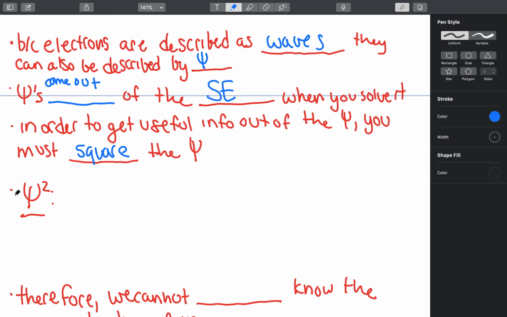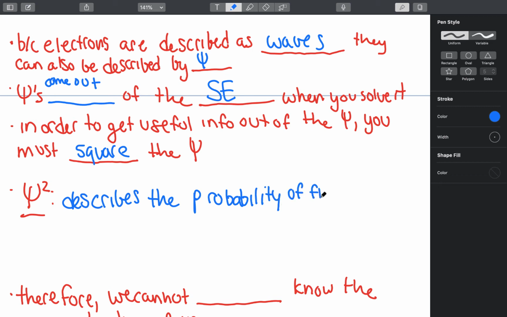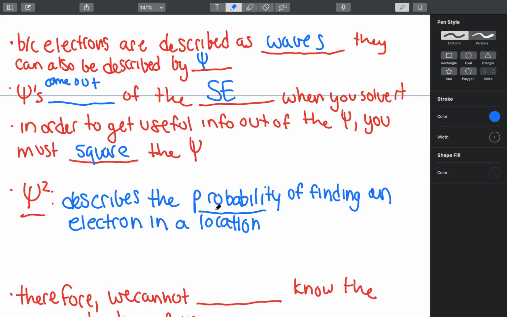So in other words, a wave function squared describes the probability of finding an electron in a location. So that's important to stress: it describes the probability of finding an electron within a particular location.